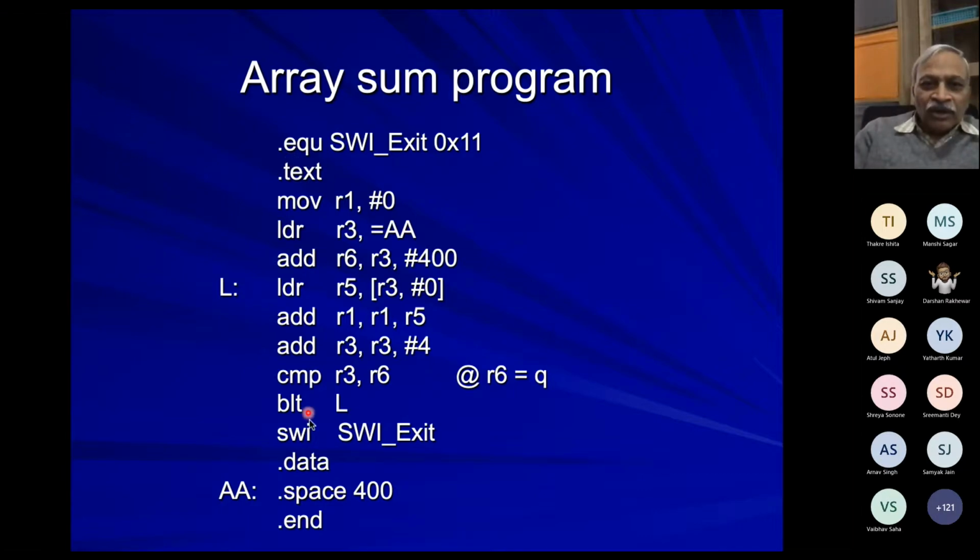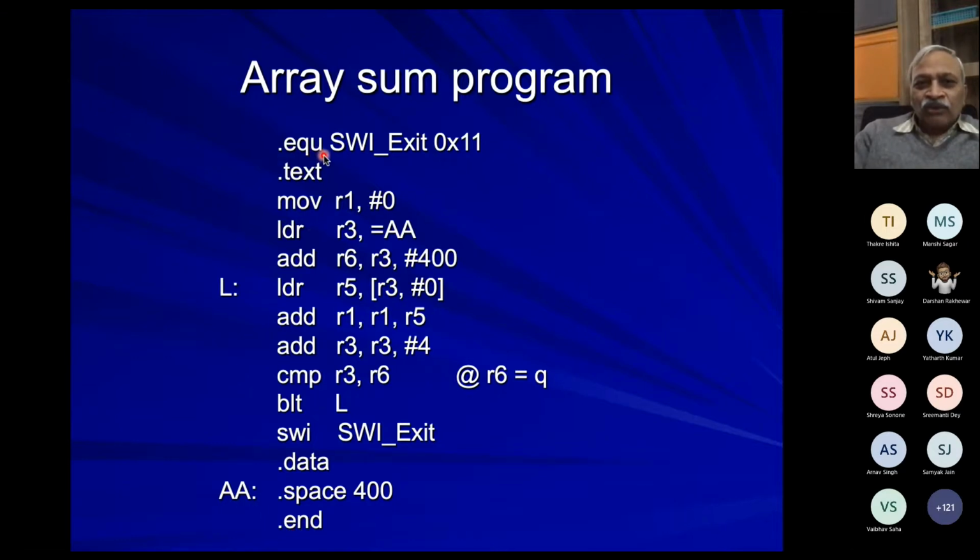So .text indicates the starting of the code and .data indicates the starting of the data space. .space is a way to reserve space for some array, for example. So we are reserving 400 bytes for AA, and .end marks the end of the program.